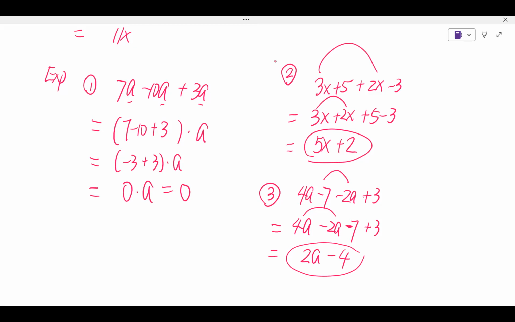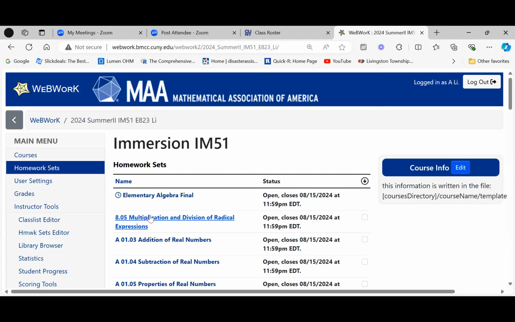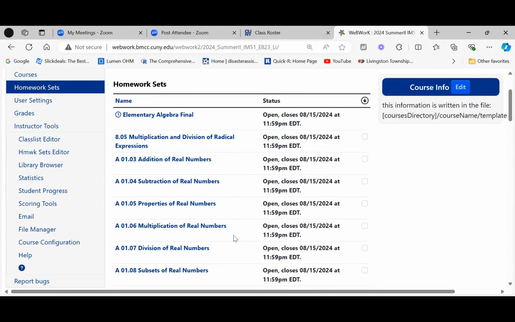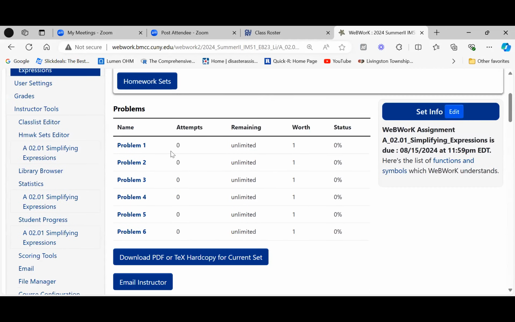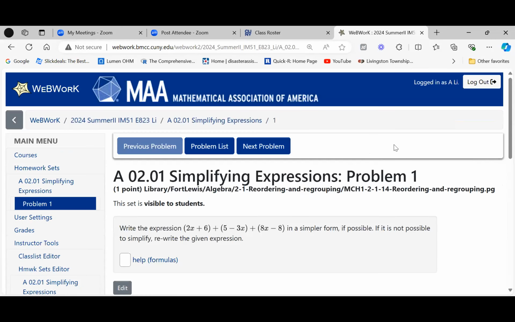Now I want to go back to the workbook. I want you to try some of the questions from the workbook. Starting this class, I'm going to use a lot of examples from the workbook, so you understand what a homework question looks like and can solve the homework problems fairly quickly.